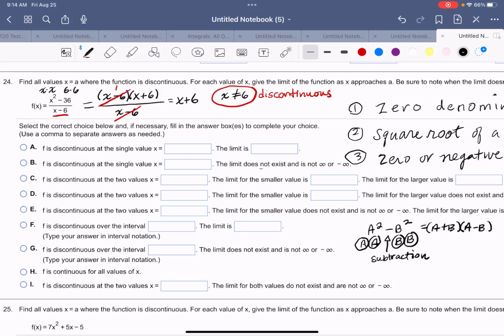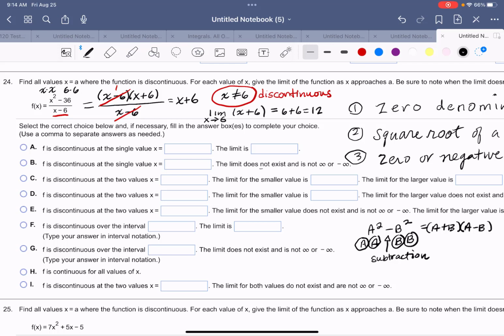So the point of discontinuity is at x equals 6, and they want us to give the limit as x approaches this point of discontinuity, and we're going to do that of our function x plus 6. If we don't reduce it, we would have to do something like 5.999 and 6.001. This is much easier because this is simply 6 plus 6, which is 12.